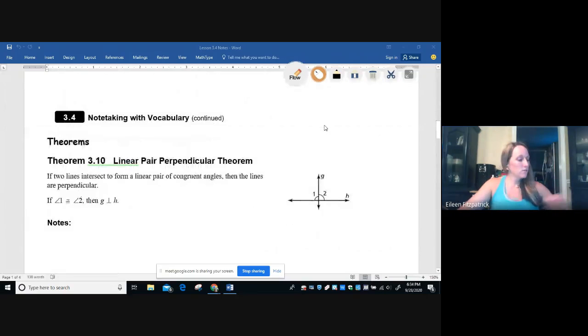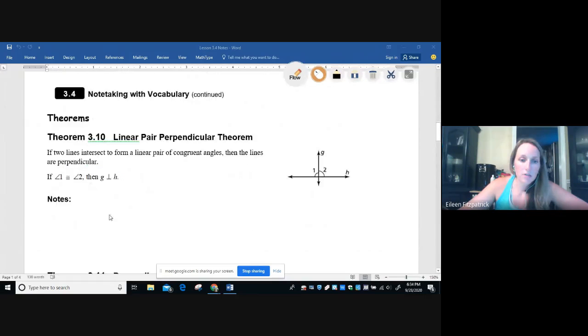Next, we have a total of 3 theorems. I'm going to write down the shorthand that we're going to be using in our proofs if we need to use these theorems in our proof. So the first theorem, and look at the diagram as we read, it says, if two lines intersect to form a linear pair of congruent angles, then the lines are perpendicular.